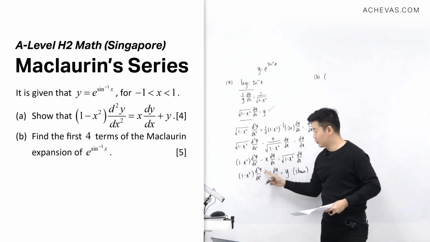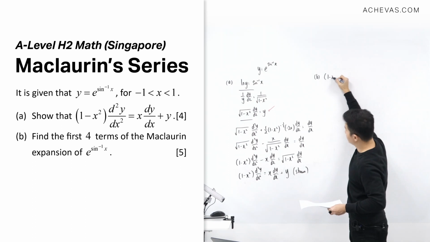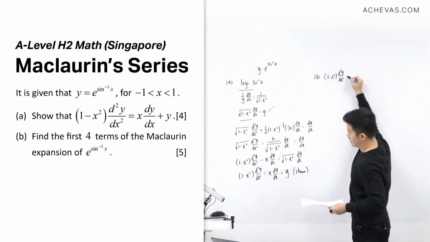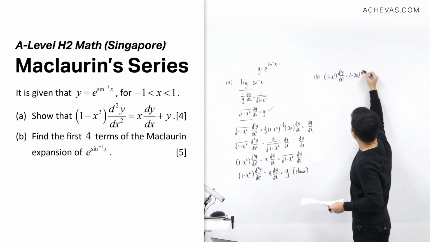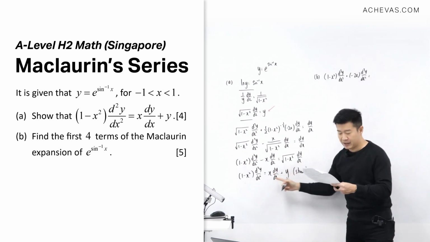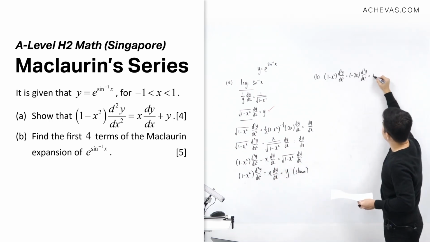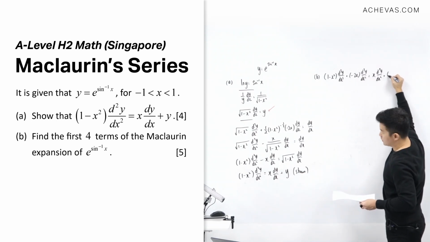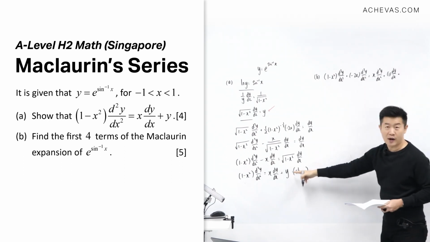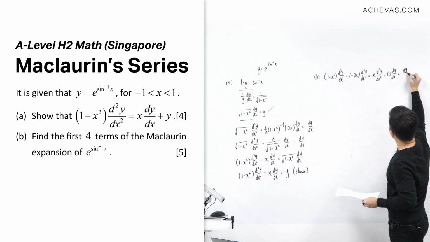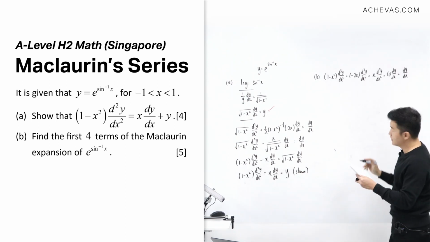Applying product rule to this, we'll have 1 minus x squared d cubed y dx cubed, plus minus 2x multiplied by d squared y dx squared is equal to, again applying the product rule to this, x d squared y dx squared plus 1 times dy dx, plus differentiating y with respect to x, it is still going to be dy dx.